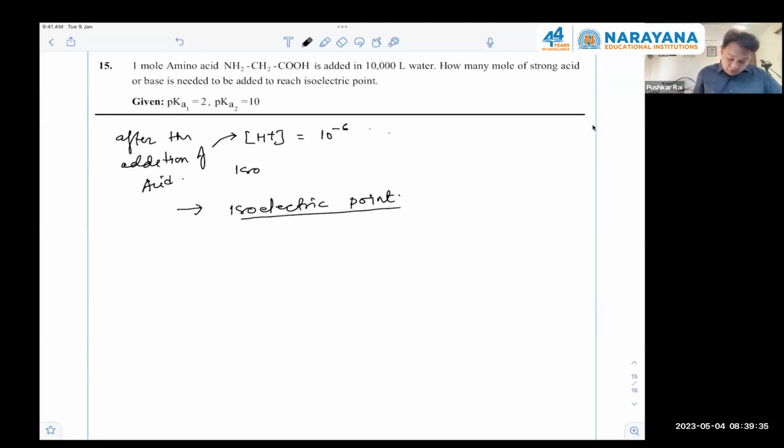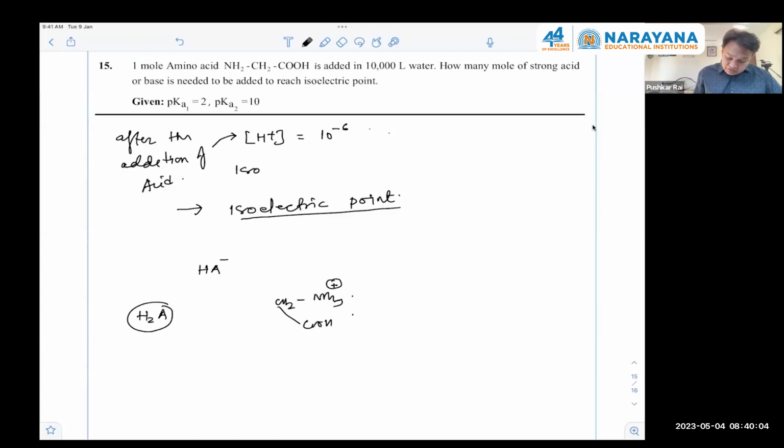If our acid is an amino acid, I will take it like HA negative. This is my amino acid. Why? Because our amino acid should look like H2A. How come? Glycine, CH2, NH2, COOH. Just protonate it and this will become CH3NH3 plus.